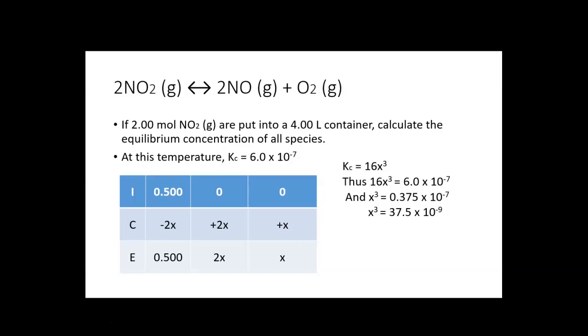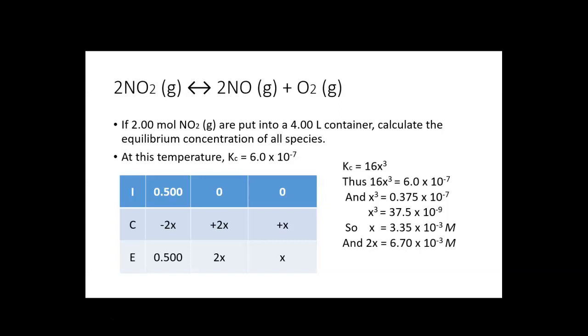So we now have a valid relation. X cubed is 37.5 times 10 to the negative 9th. You can take the cube root of 37.5 with your calculator, and of course you just divide by 3 the exponent on the 10. That means X is 3.35 times 10 to the negative 3rd molar, and 2X is 6.70 times 10 to the negative 3rd molar.